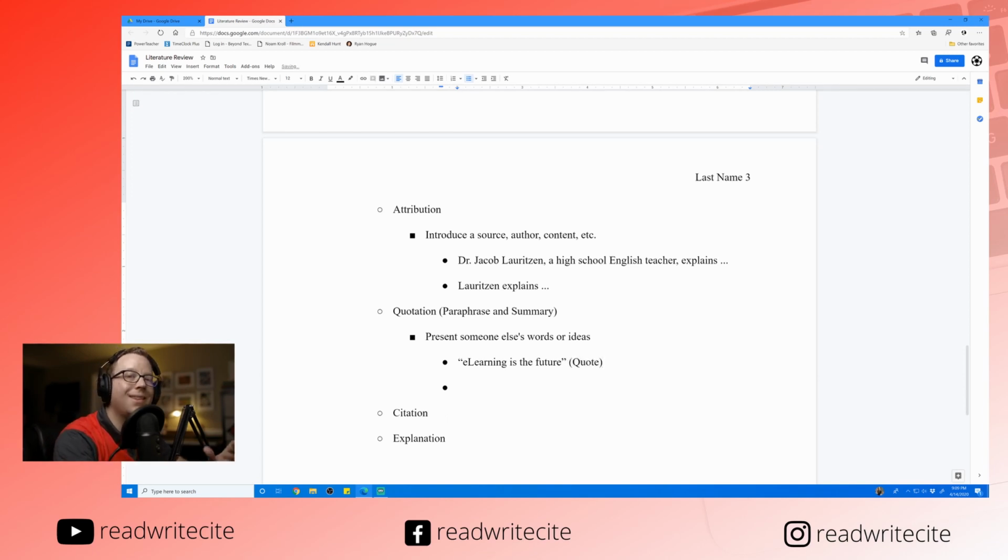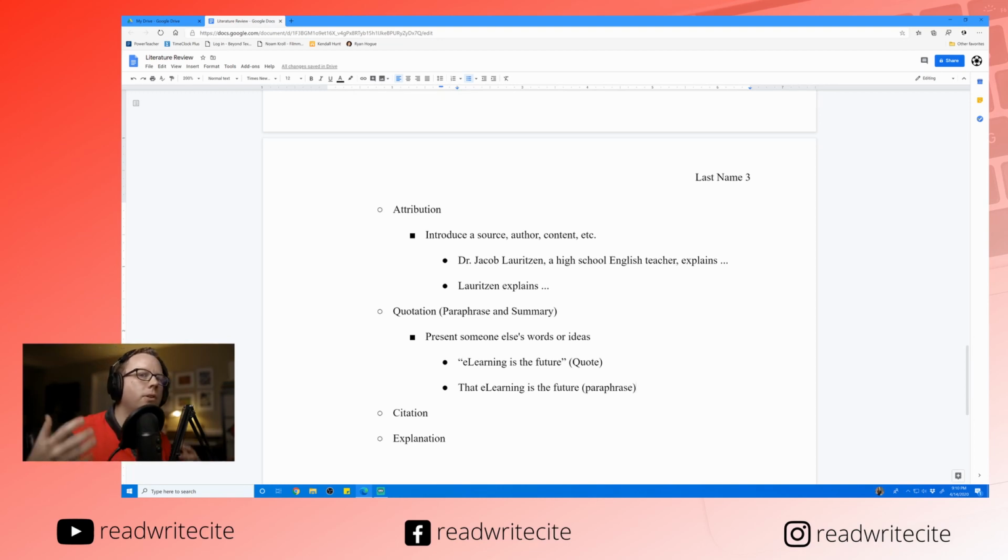You can also have something that's not. Let's say one is a quote, one's a paraphrase, etc. This is the part that follows attribution.